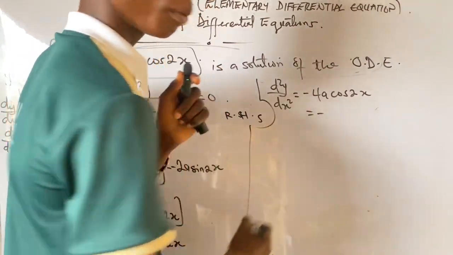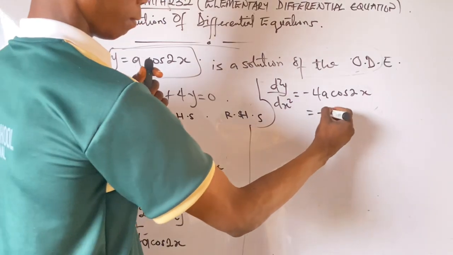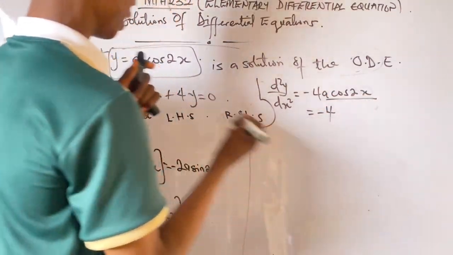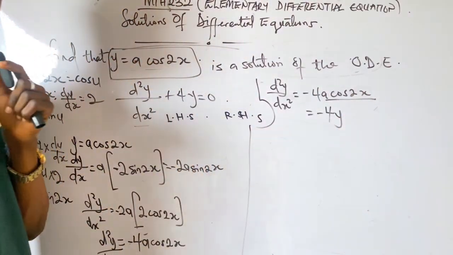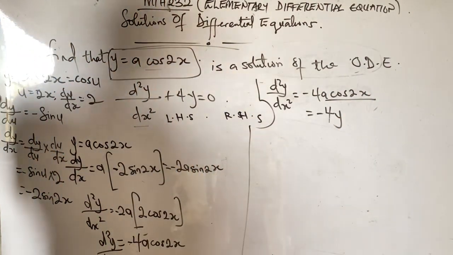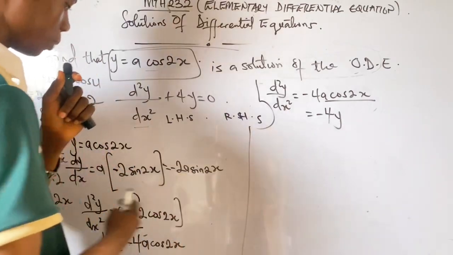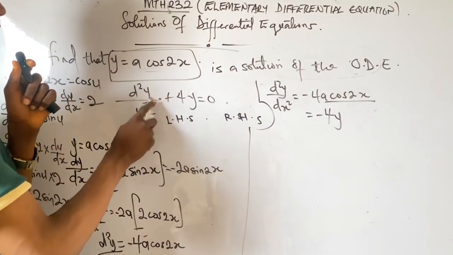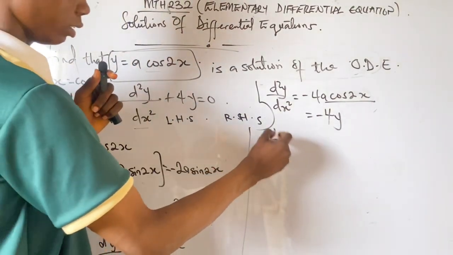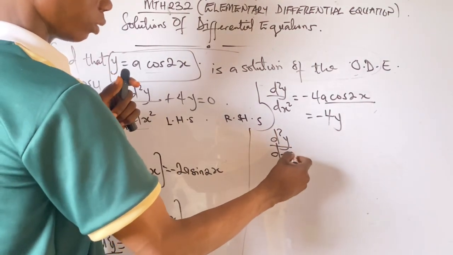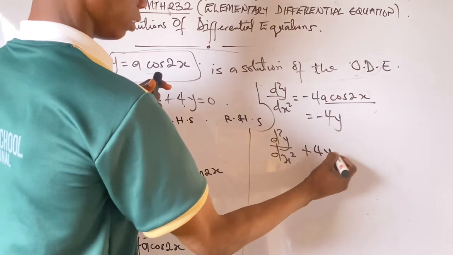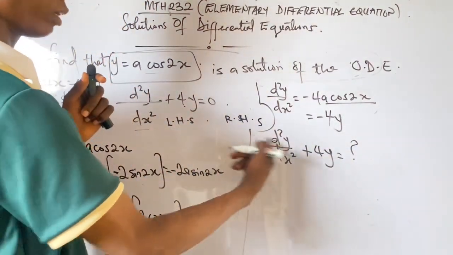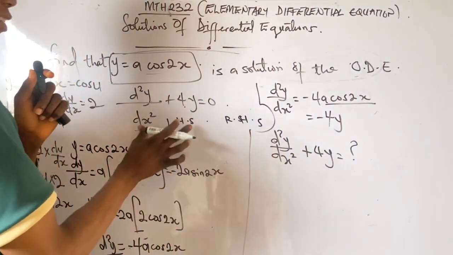Look at it very well. Minus 4A cos 2x: A cos 2x is y, right? So minus 4y. Am I making sense? So if I now compare it to what I have here, d²y/dx² plus 4y is equal to what? We don't know what the right hand side is, and our left hand side is this.